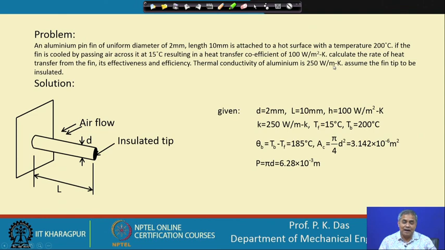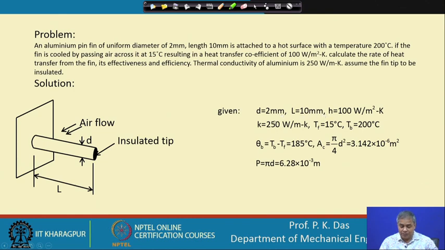Many of you have done this kind of problem while you have studied heat transfer, but for the benefit of everyone and for the sake of generality, let us have a very simple problem at the beginning. So, the data given are these: the diameter of the pin fin is 2 millimeter, the length is 10 millimeter.